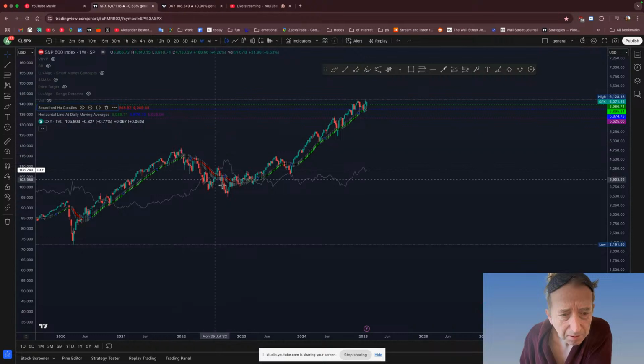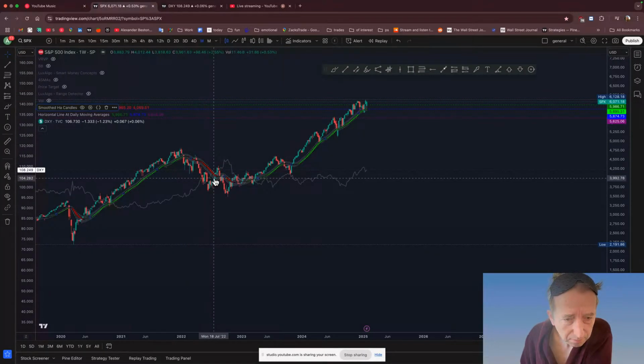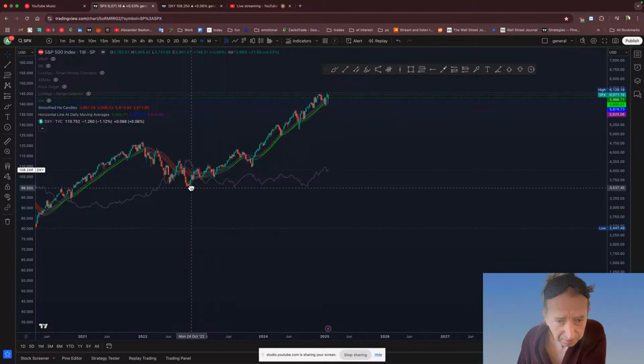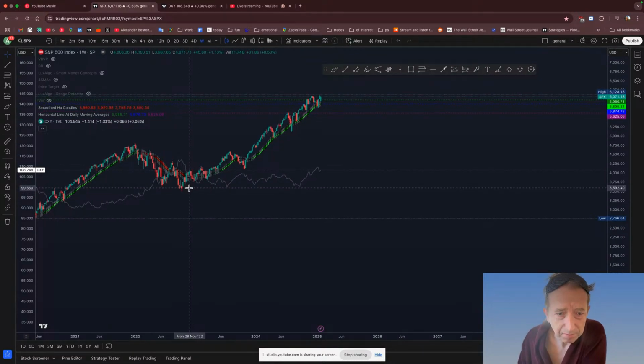So we see this correction here, a very strong upthrust over 2 years, came pulling back, bearish for about a year, and then took off again, while the currency is very static, which isn't a bad thing.